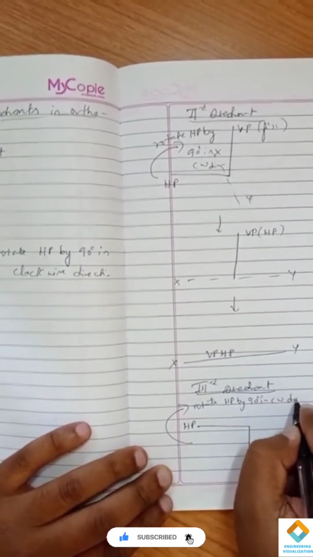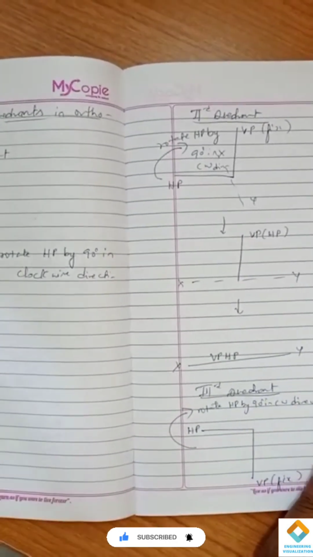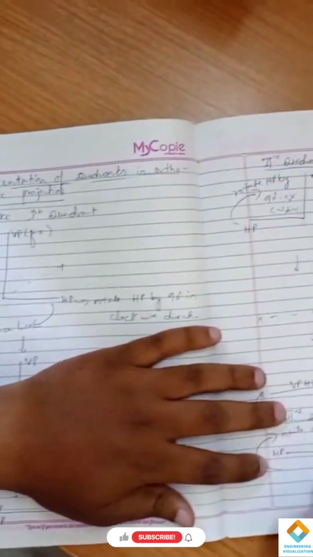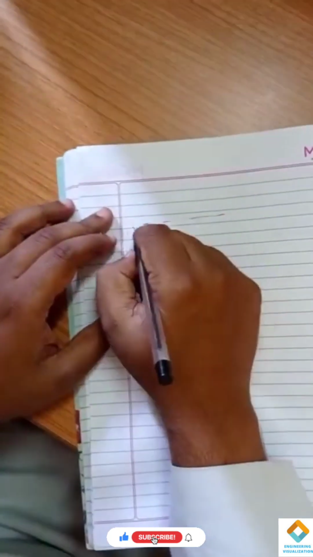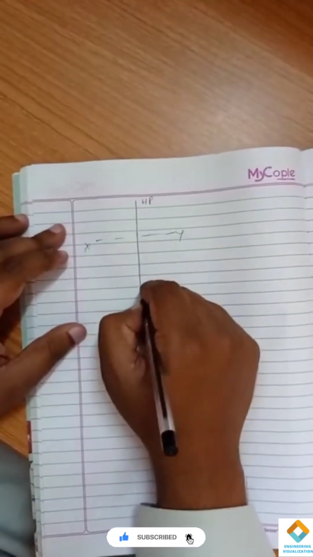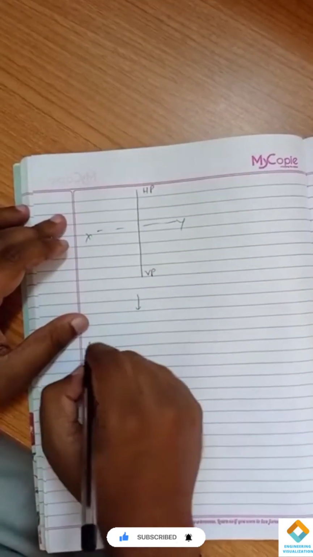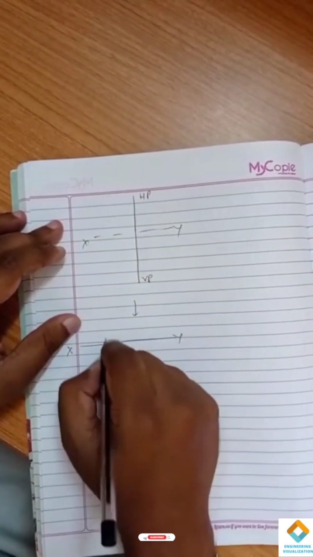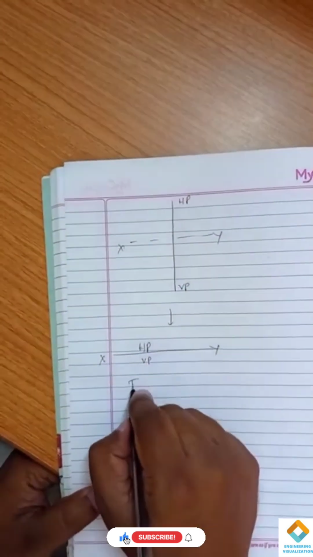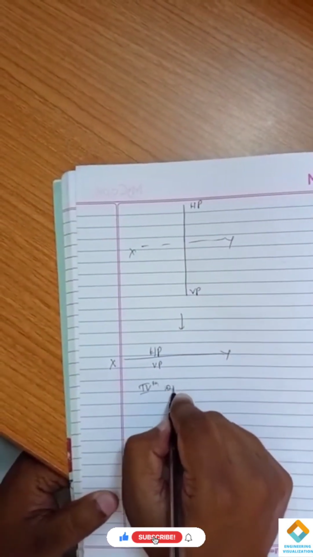Same procedure. Here HP will come above the XY line and VP will be below the XY line. So finally HP will be above the XY line and VP below the XY line.